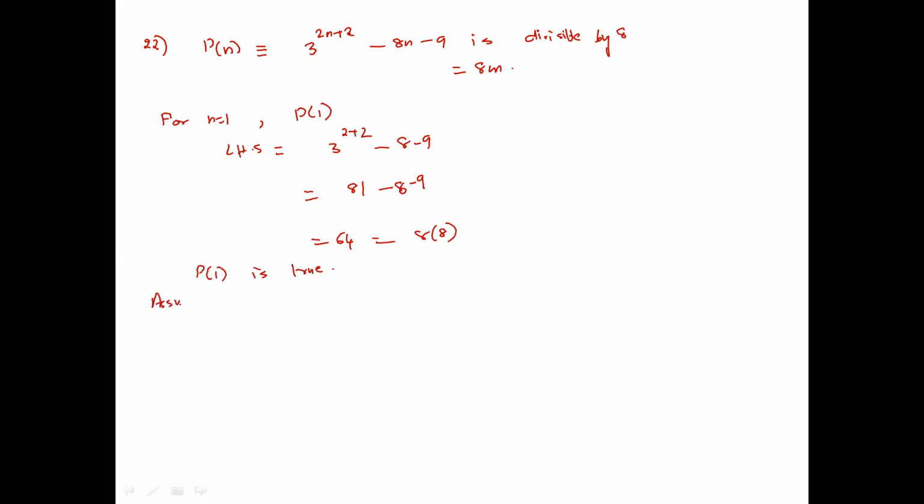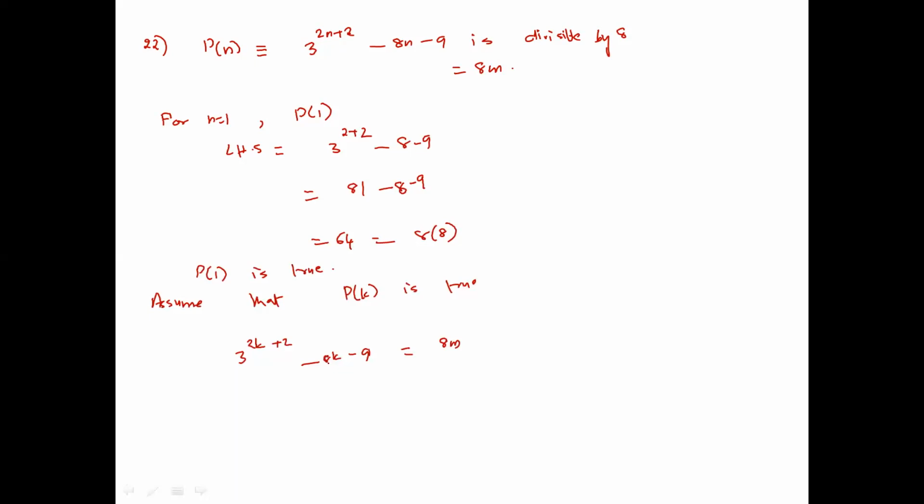Now assume that for n equal to k, P of k is true. That means when I put n as k, 3 power 2k plus 2 minus 8k minus 9, in place of n I am putting k, it is divisible by 8.